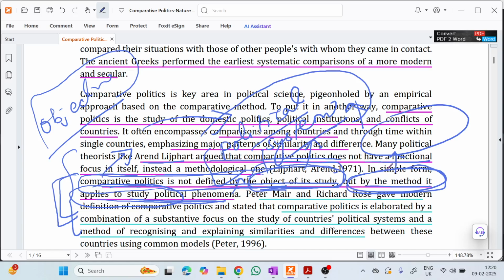So there are various methods, and those methods help us arrive at multiple interpretations, and those multiple interpretations are the trends, the patterns that we are looking for.